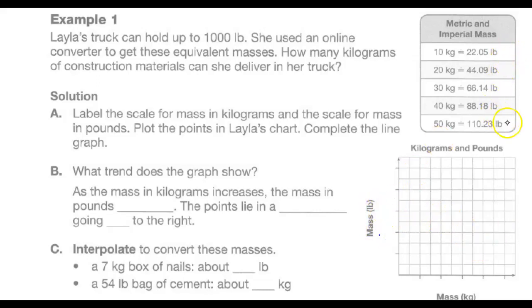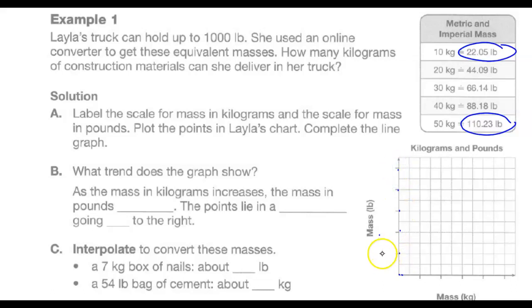So you want to look at your highest and your lowest. And I would probably notice how we didn't put any squigglies or anything. So I'd probably include 0 kilograms would be 0 pounds. And then for pounds going up to 110. So let's see if we went by 20, 40, 60, 80, 100.